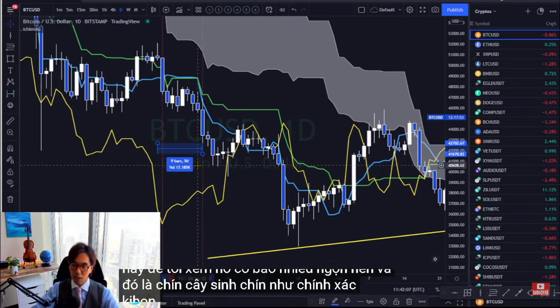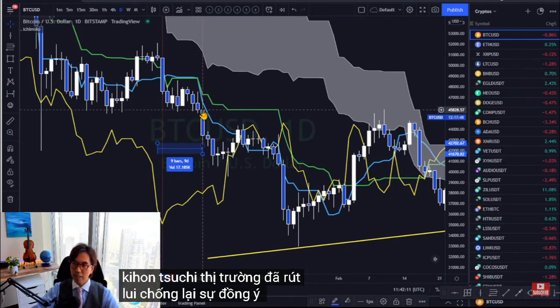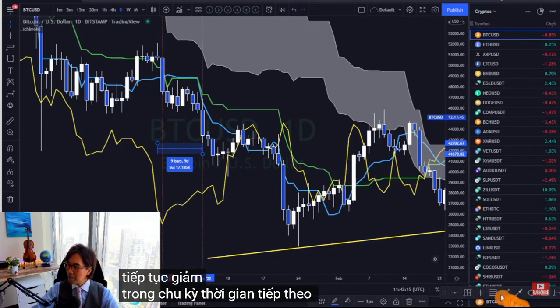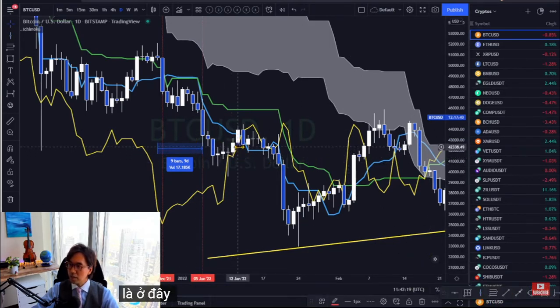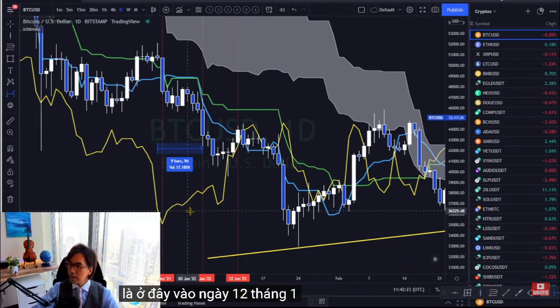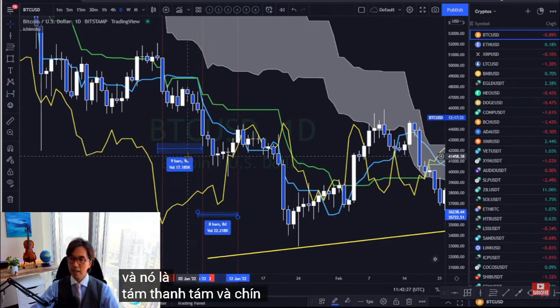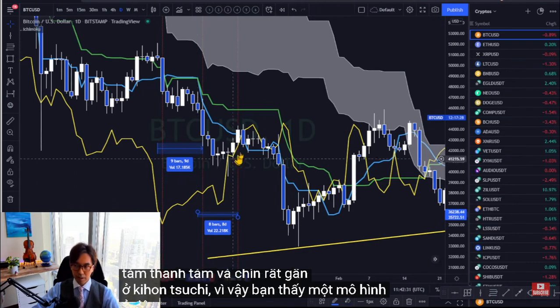9 is exactly Kihon Suchi. The market retraced backwards, was resisted by the Tenkan-sen, and continued down. The next Tenkan-sen touch was here on the 12th of January, and it was 8 bars. 8 and 9 are very close in Kihon Suchi, so you see a pattern here.